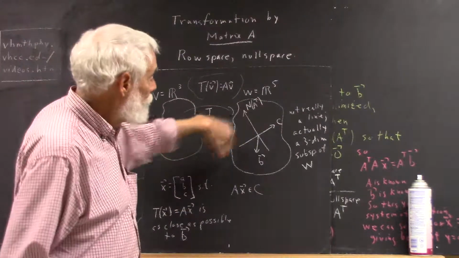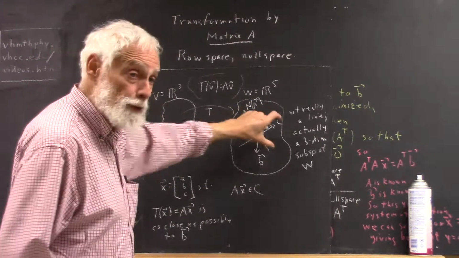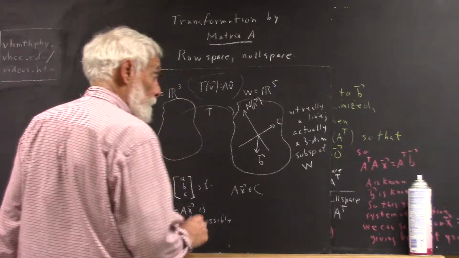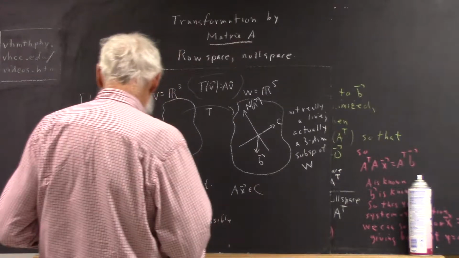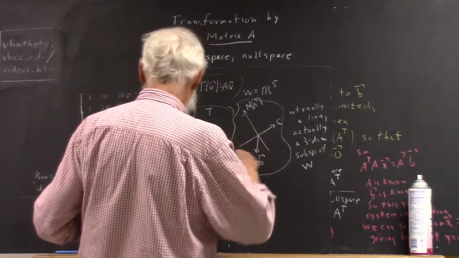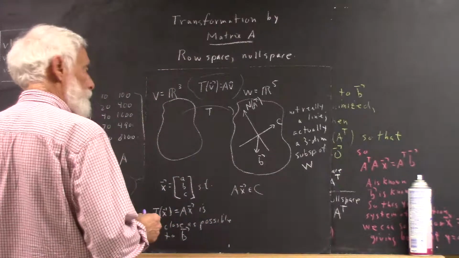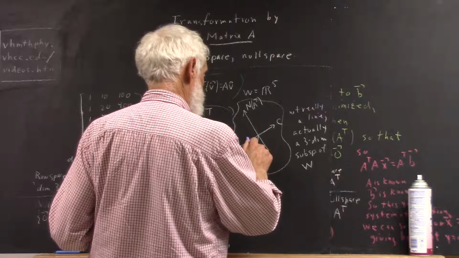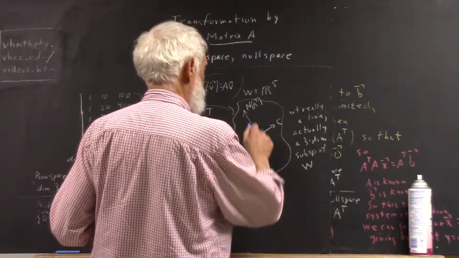And C consists of all the images of vectors in X in the space W. Okay, well, what vector is closest to B? What vector in C is closest to B? Well, according to this picture, it should be the projection parallel to the null space.